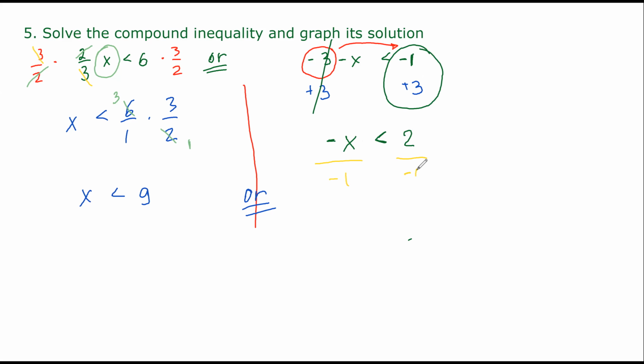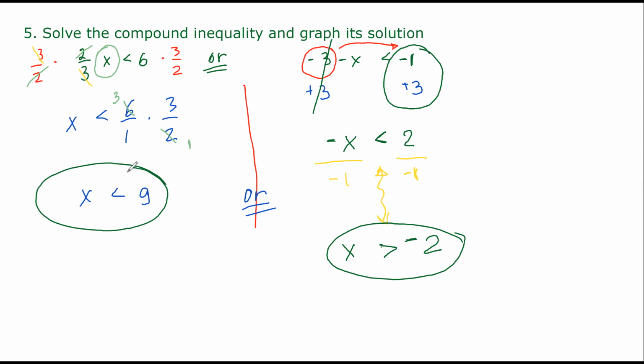It doesn't matter. But also what it means is that this direction will change, right? It will become greater than. Here we have x and here we have negative 2. So that's the second inequality that we are getting, that x is greater than negative 2, right? x is greater than negative 2. Is it greater? Yes, it is greater. So the answer, oh, it's a weird one.